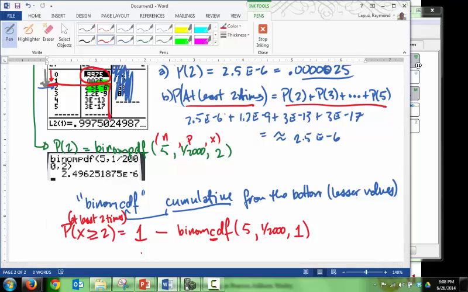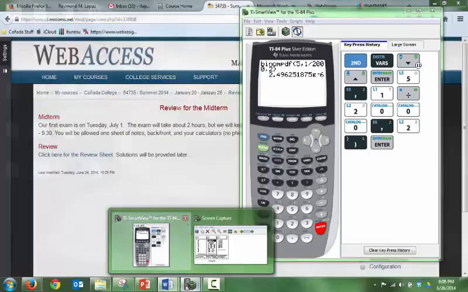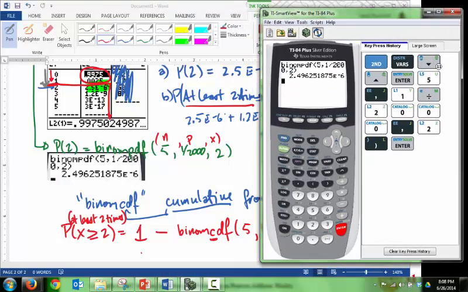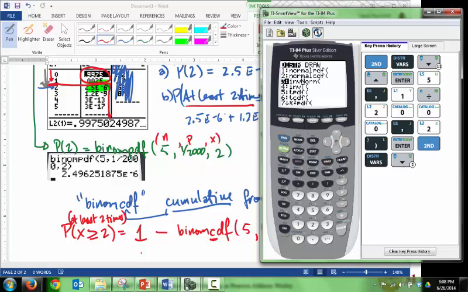That one's a little tricky. Okay, well, let me just punch in the calculator, and then we're overdue for a break. If we go to second and vars again and look for the binomial CDF this time, and then I put in my 5, my 1 divided by 2,000.